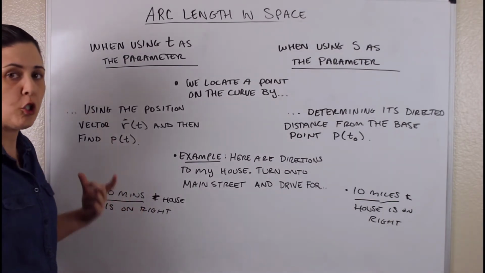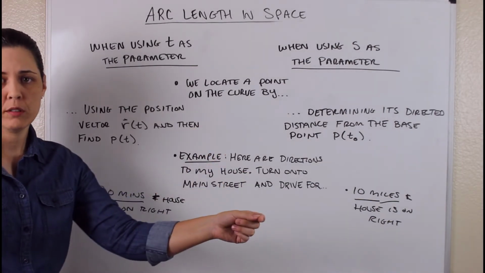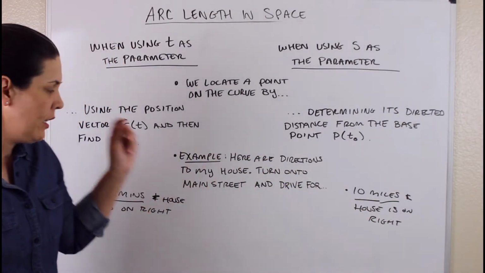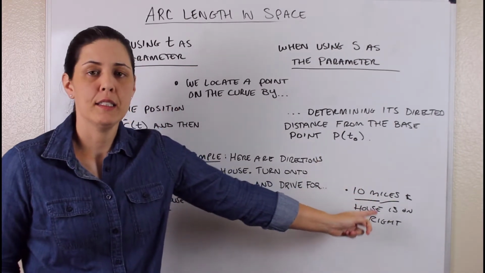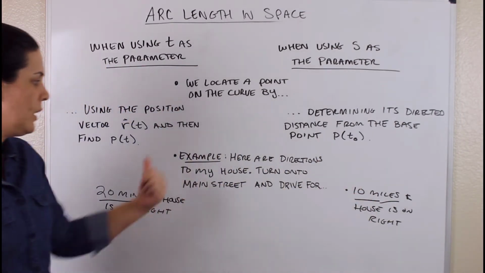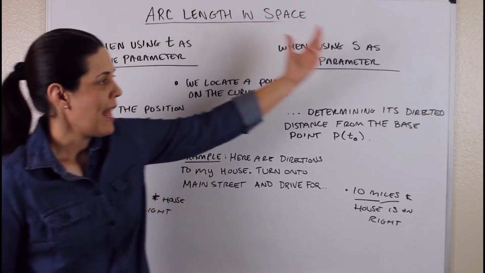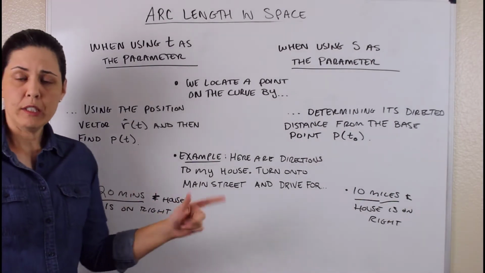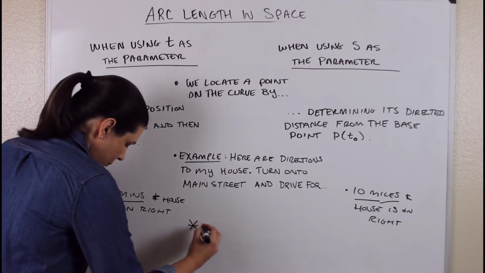When I input 20 minutes of time on this road, I will be at this house. Or if my input is directed distance, the moment I turn onto this road and travel 10 miles, I'm at the house. So these are the ideas here with the difference for t and s as our parameters. Now sometimes you want to switch between these two, and it's pretty simple. I'll just say it down here.